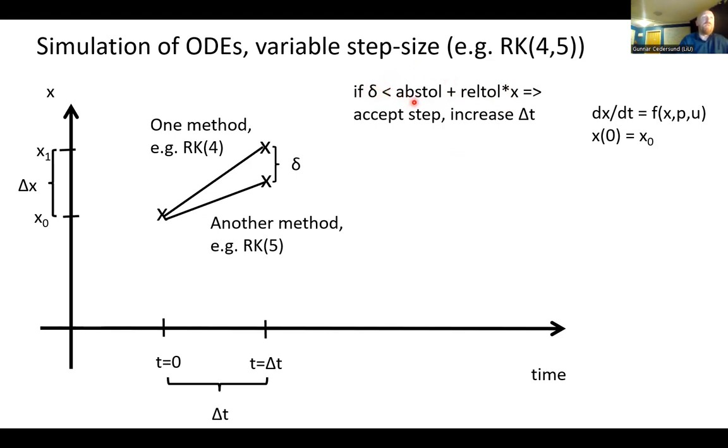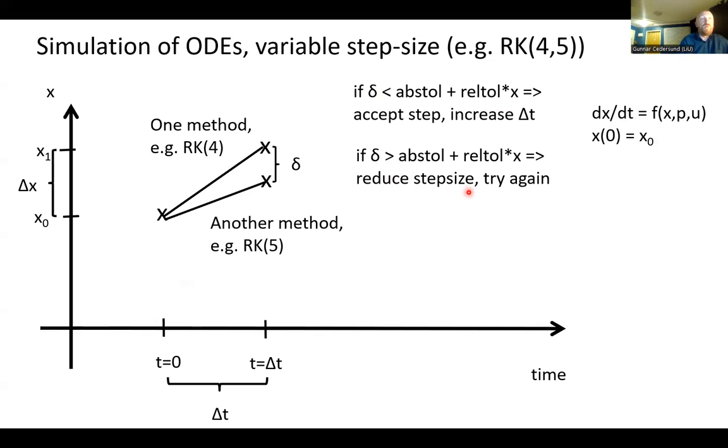And therefore you need a sort of absolute tolerance that doesn't depend on the value of x. So typically you need to have good values for both of those. And if the difference is lower, then you accept the step, and maybe even try to increase the step size. But if it's too big, that means that now we're taking too big steps.